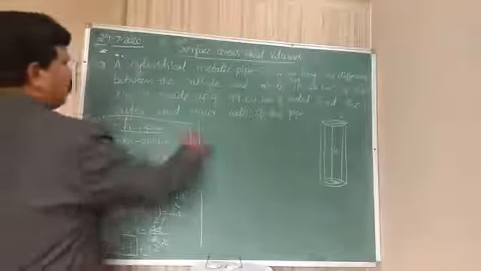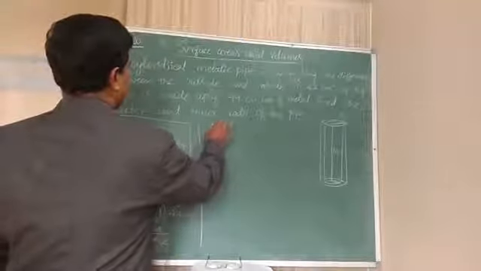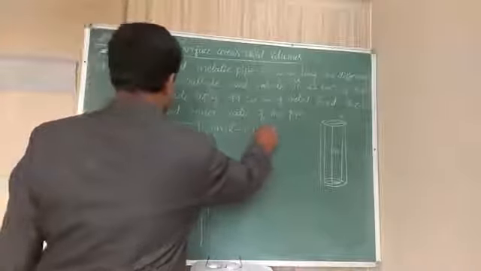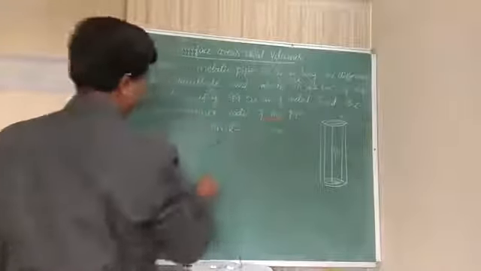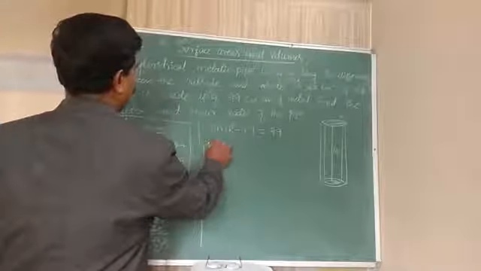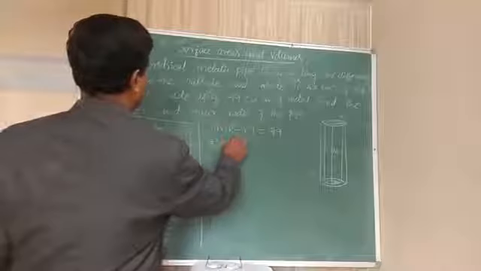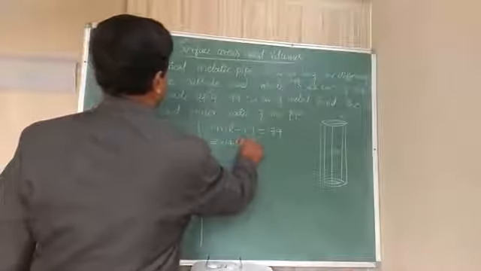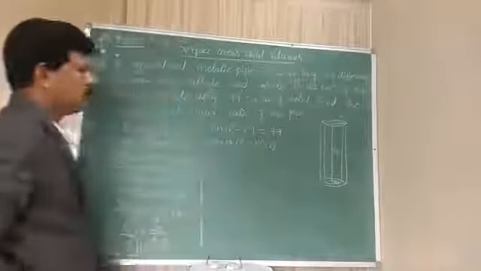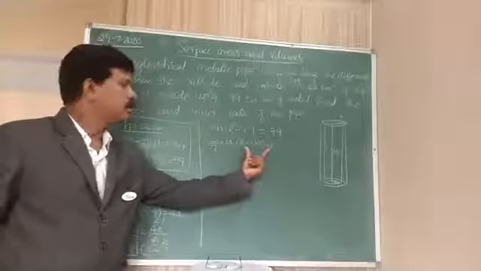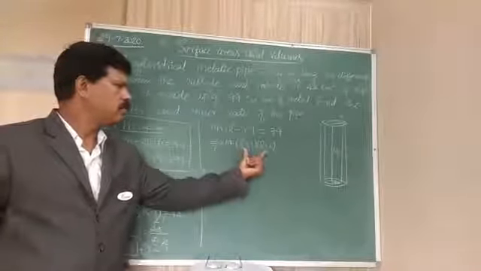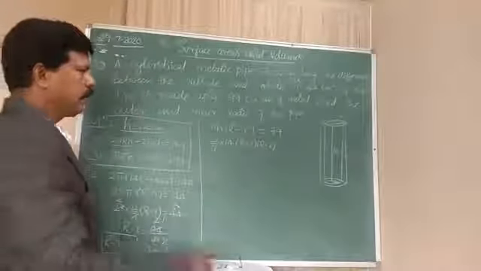This third part, volume, that means pi h into R square minus r square, is given by 99. Now this is 22 by 7 into 14. Here you can write this as R plus r into R minus r, based on the formula a square minus b square, which is R plus r into R minus r.